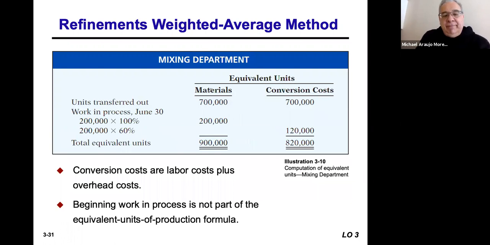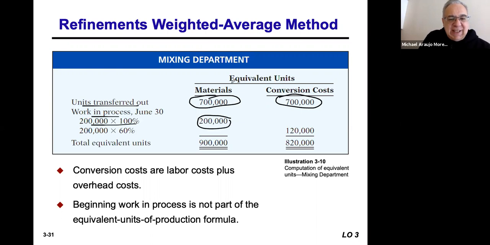So here we go. Of the 700,000 that have been transferred out, everything is done. All of the materials are in, all of the work is done, and overhead is done. However, for the ending work in process for June, now 200,000, all the materials are in the 200,000. So in essence, the equivalent number of Eggos based on materials alone is 900,000.